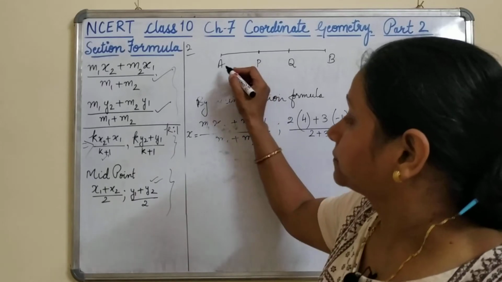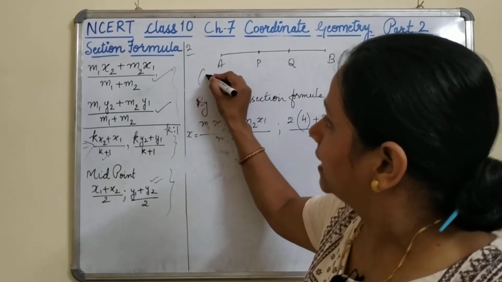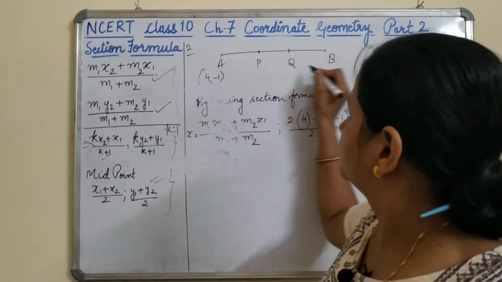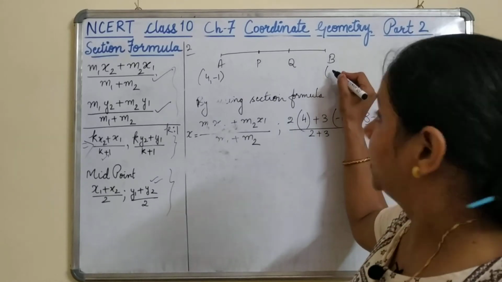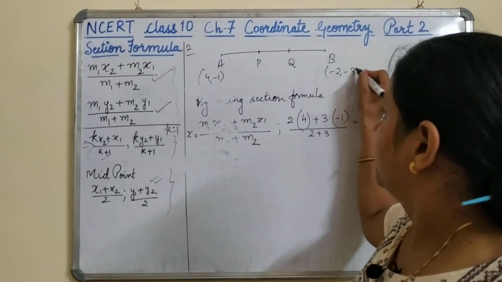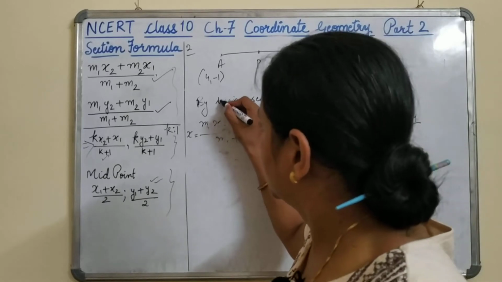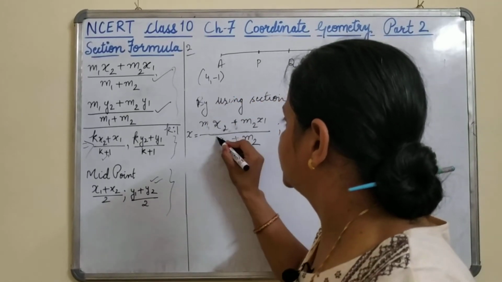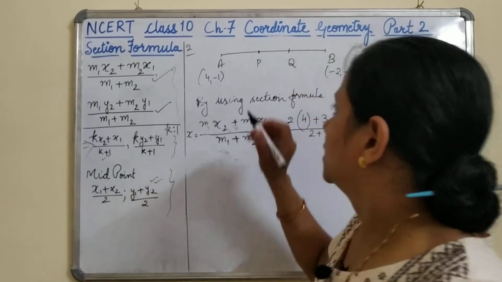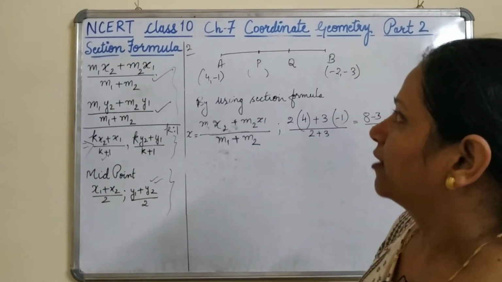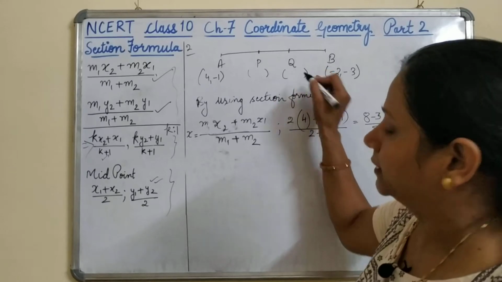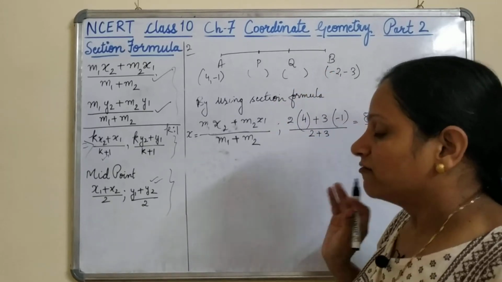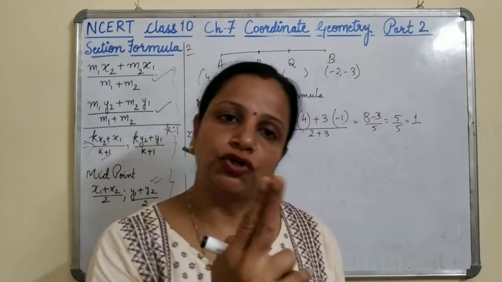Then what? A is given to us as (4, -1). B is given to us as (-2, -3). Right? Now what we have to find is, we have to find the coordinates of P and also we have to find the coordinates of Q. First of all, let us divide this question into 2 parts.